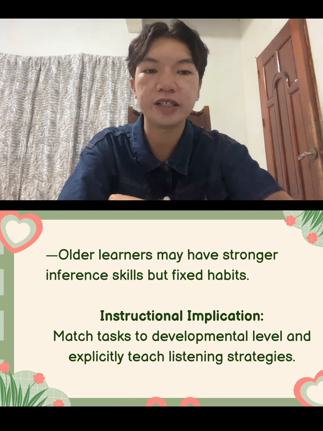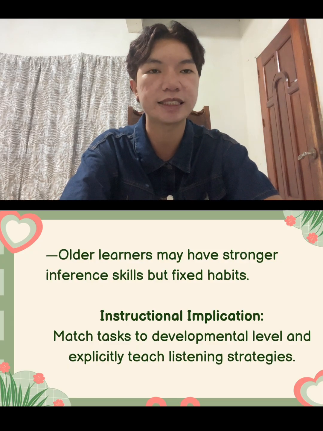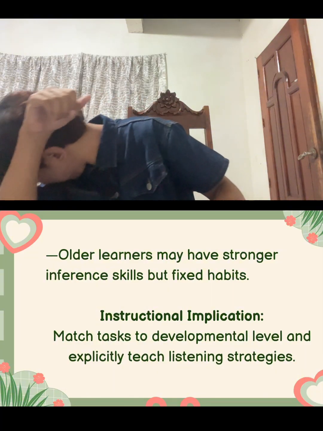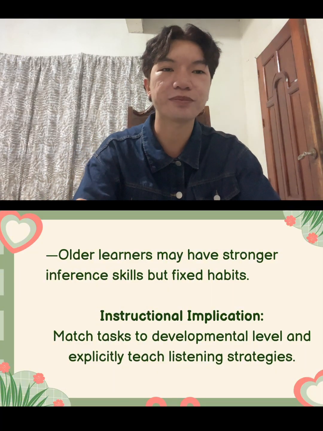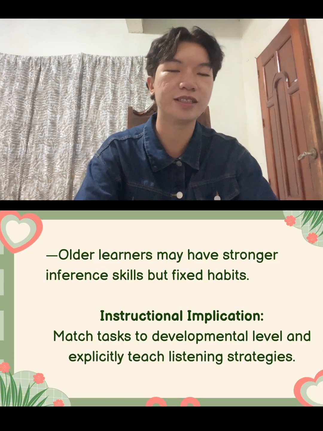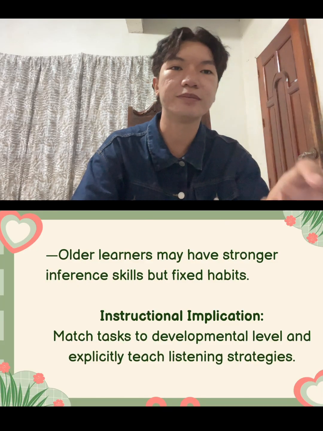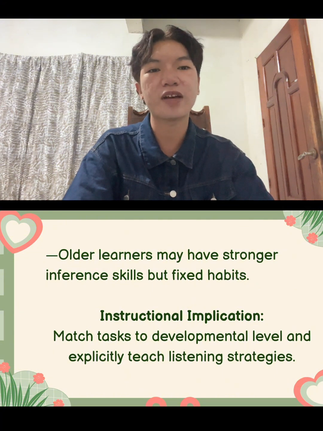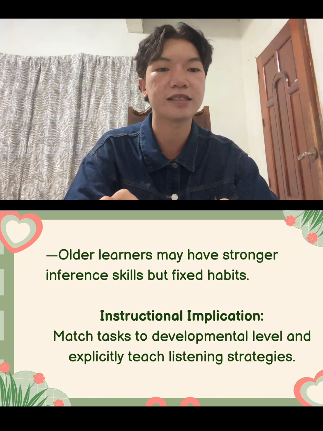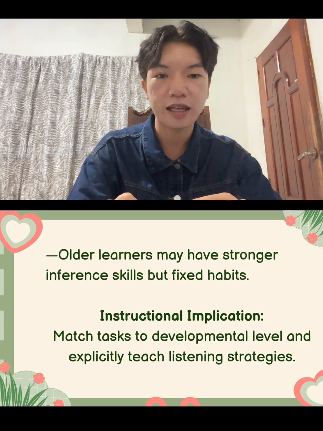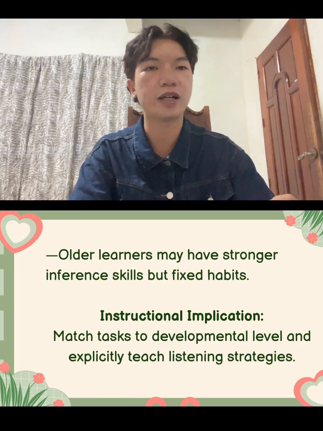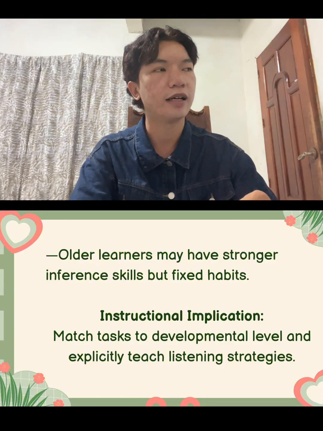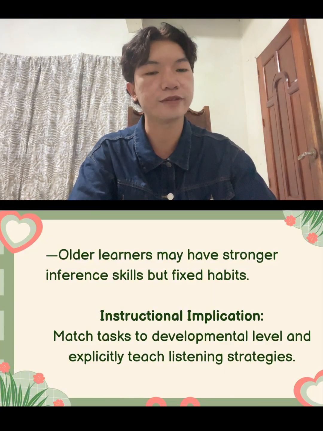So older learners may have stronger inference skills but fixed habits. This is not the stereotype, of course. If a student is already mature enough, then it is an advantage because they have stronger inference skills and fixed habits, so listening would be just easy for them.